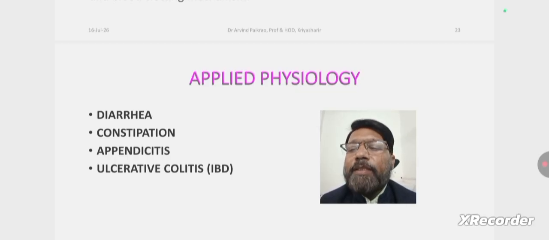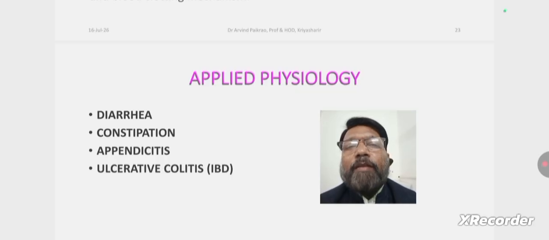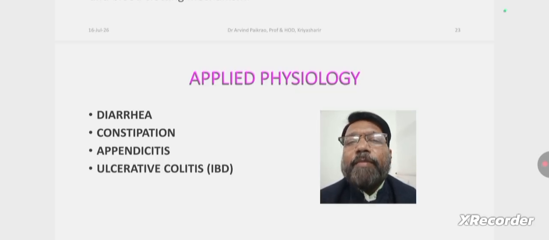Next is appendicitis. One organ is the appendix. There is an inflammation of this appendix, which appears as appendicitis. Itis is used for inflammation. Then ulcerative colitis.